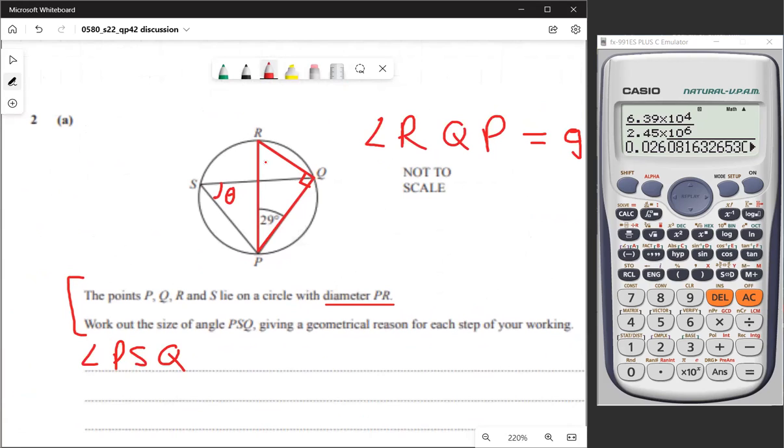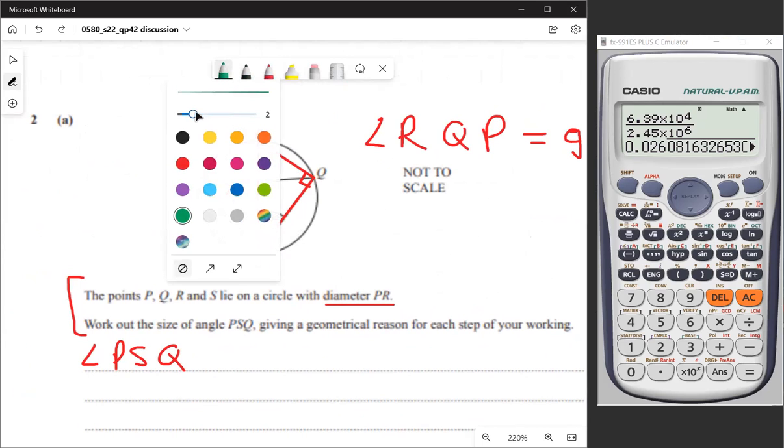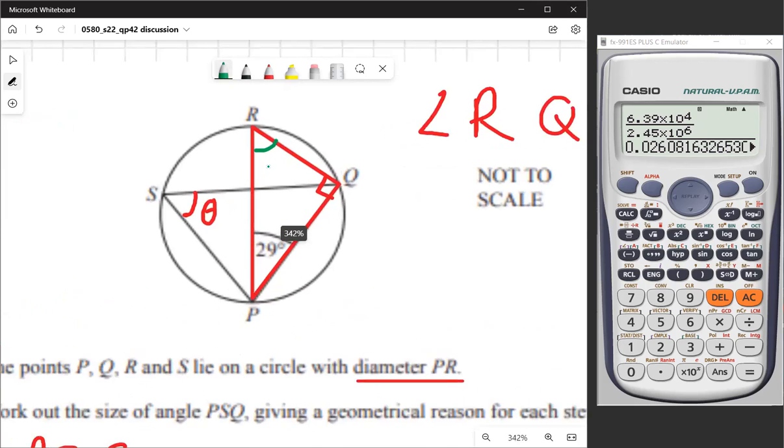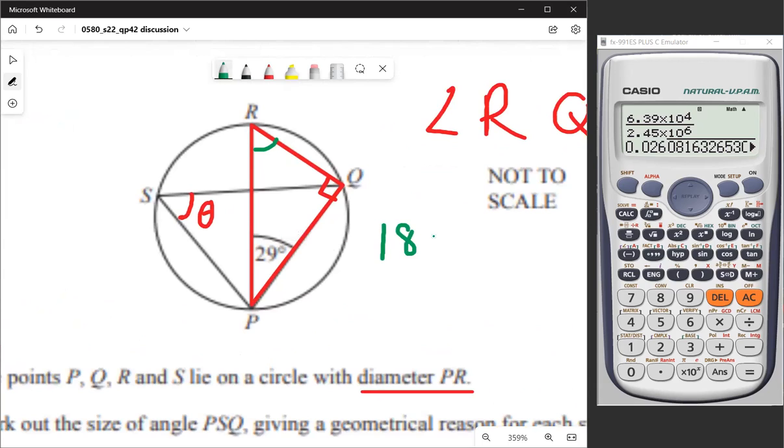Now if this also is 90, what is this then? What is the green one? Is it going to be the same as 29? Come on, just look at the circle.